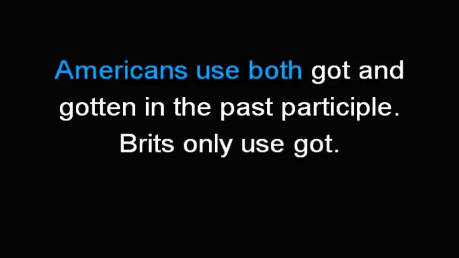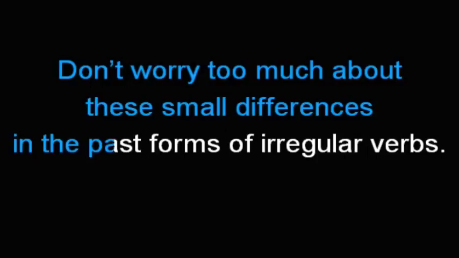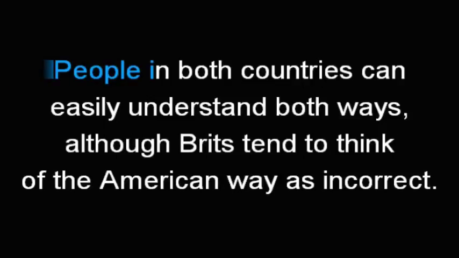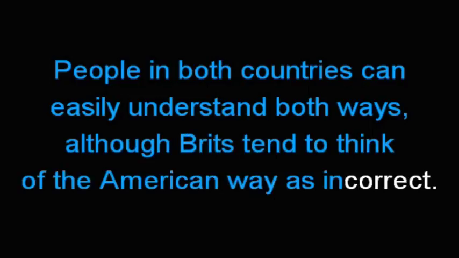Americans use both got and gotten in the past participle. Brits only use got. Don't worry too much about these small differences in the past forms of irregular verbs. People in both countries can easily understand both ways, although Brits tend to think of the American way as incorrect.